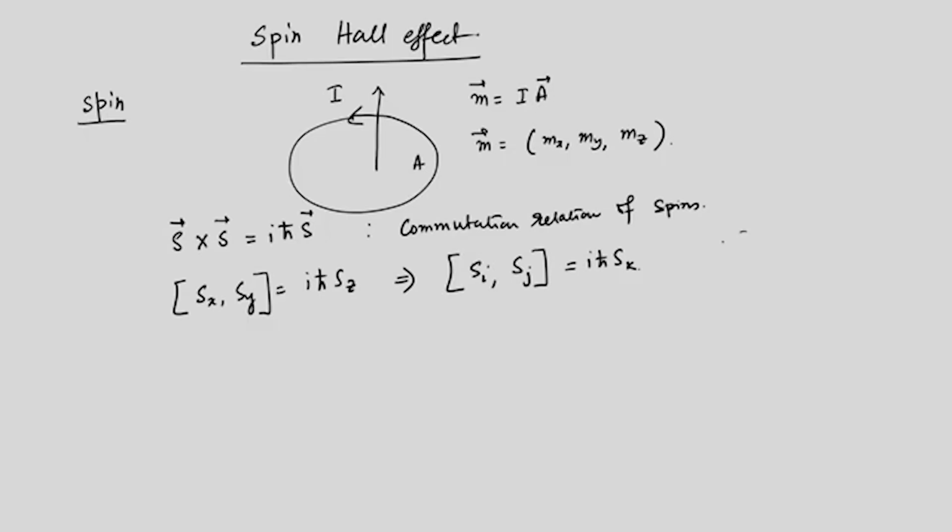So, if you write down i, j and k on the periphery of a circle, then it is only clockwise. If you break the clockwise property, then you would get a minus sign. That is, [Sj, Si] commutator is minus i h cross Sk, because you have broken the clockwise notation here. The spins are of course also the generators of rotation.